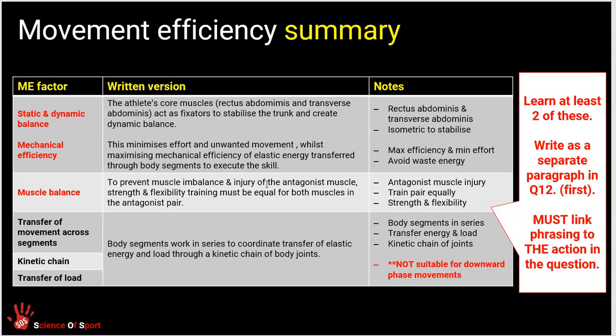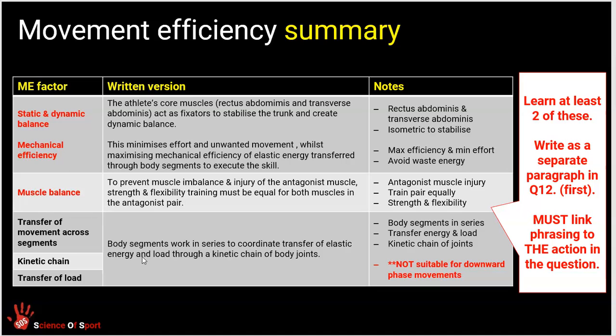So the other remaining movement efficiency factors over here, transfer of movement across segments and kinetic chain, I think they're easy to know and easy to understand. My reservation about these is that I don't think they are naturally appropriate for downward phase movements. So by all means know it and apply it to any other action that's not a static position.